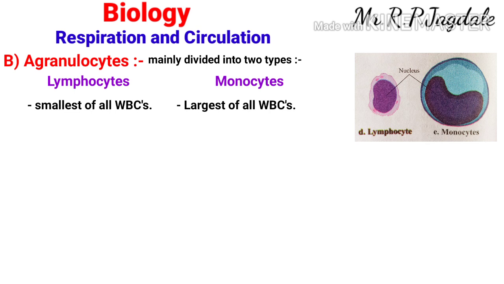This is a major difference between them. So remember, students, that in the total WBC, the smallest and largest WBCs are present in the agranulocytes.